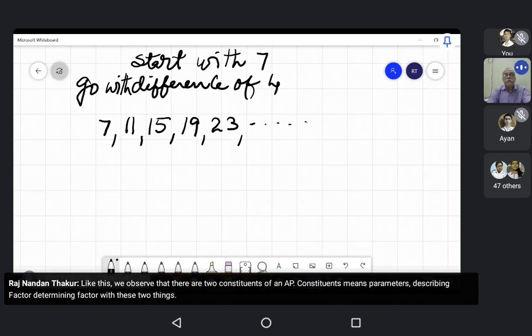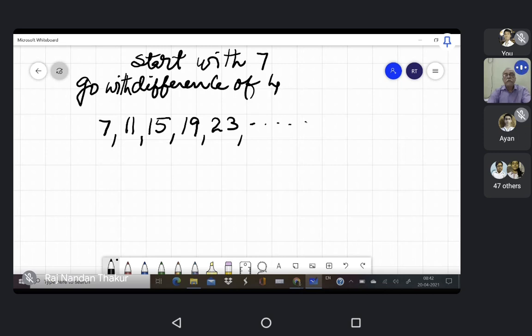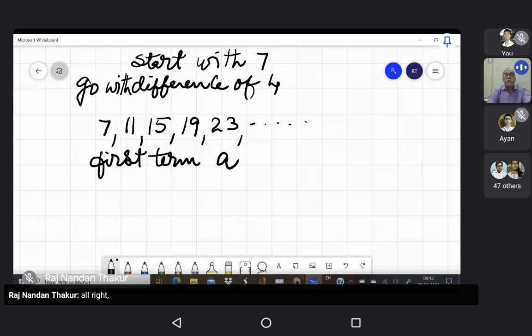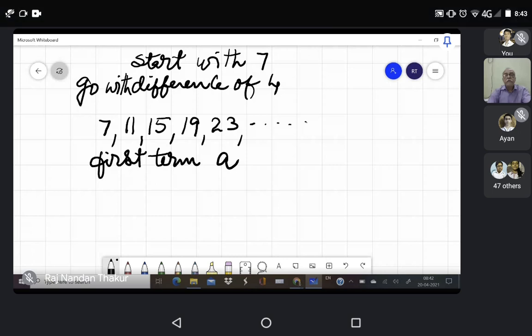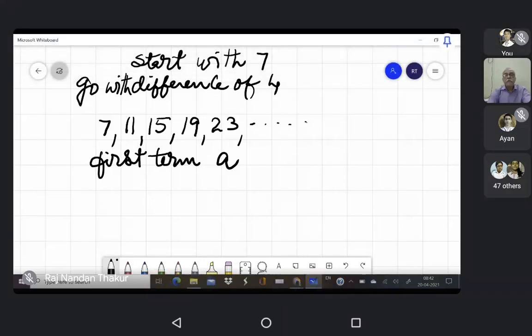With these 2 things, the first term, the starting number, which we will represent by A. In this question, A is 7.